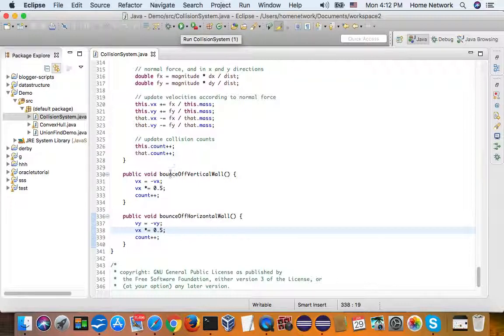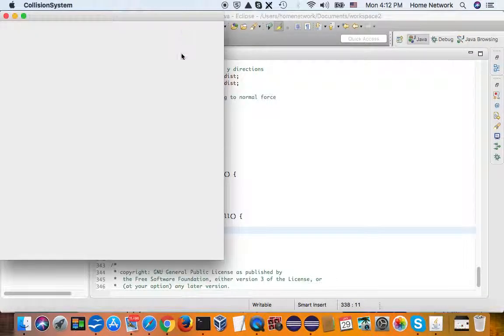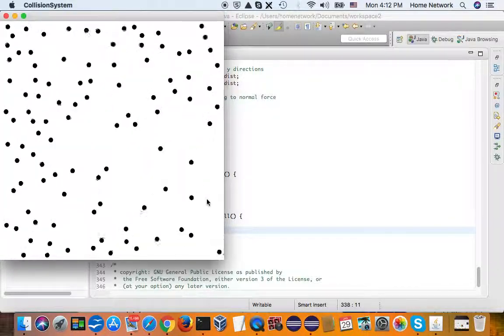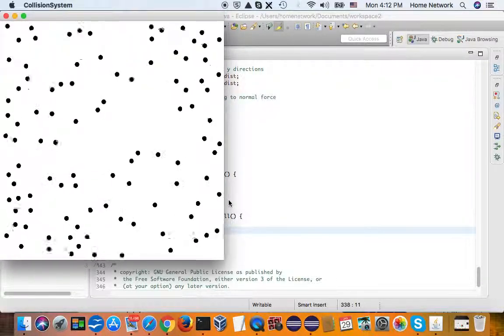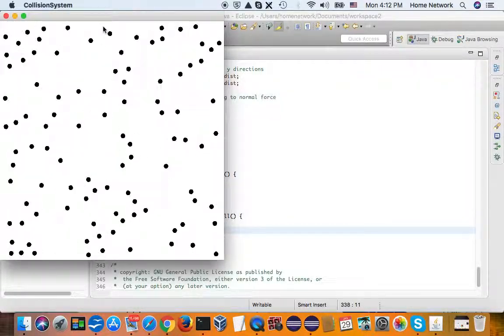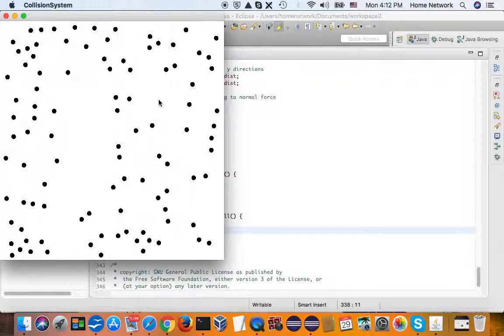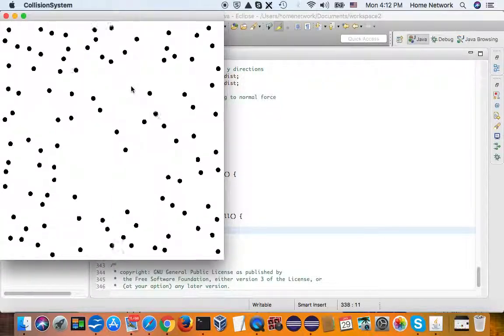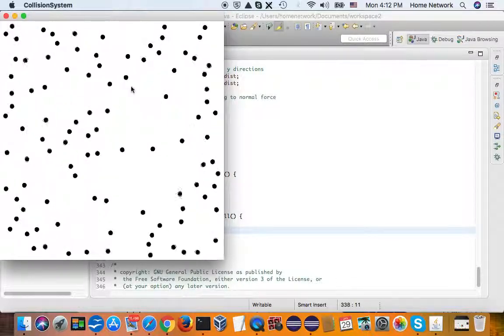Okay, let's run the program again. As you can see, each time they bounce on the wall, they get slower, and as a whole, those particles are running slower and slower.